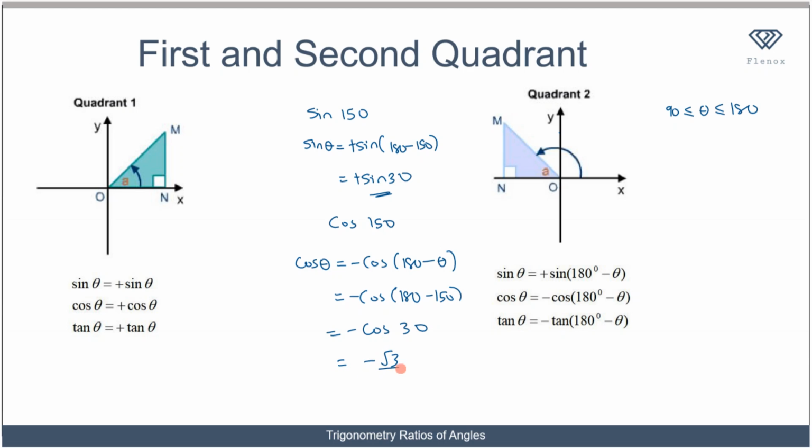Minus root 3 over 2, or minus 0.866. So I want you to punch your calculator now and type in cos 150. You're going to get minus 0.866, which is the same thing as minus cos 30. So the same thing applies when you are looking for tan theta. So this is the relationship when you are trying to convert an angle that is in the second quadrant to an angle that is in the first quadrant.